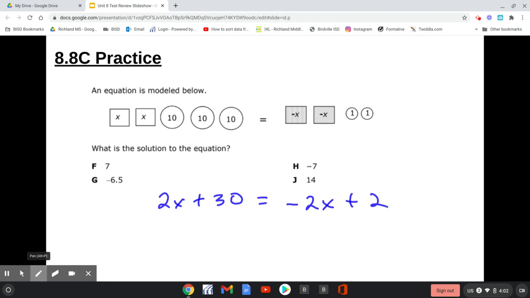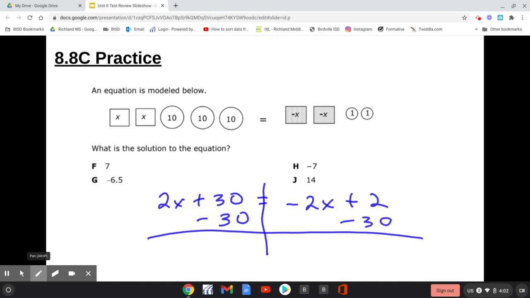I'm going to solve it by hand, and then we will check it with the calculator. We need the x's on one side and the numbers without an x on the other side. So I'm going to move the 30 by doing the opposite on both sides. 2x equals negative 2x minus 28.